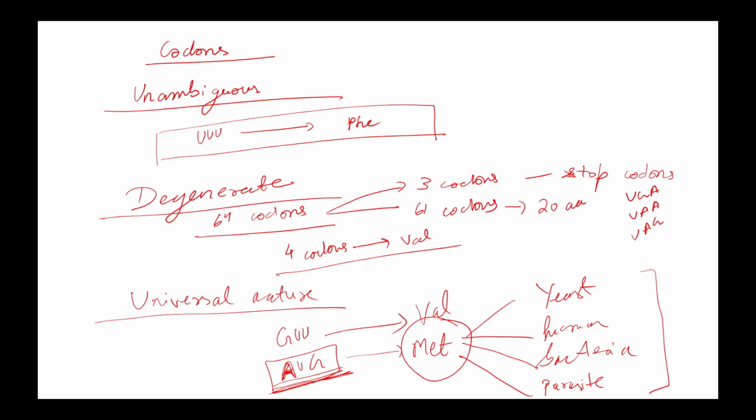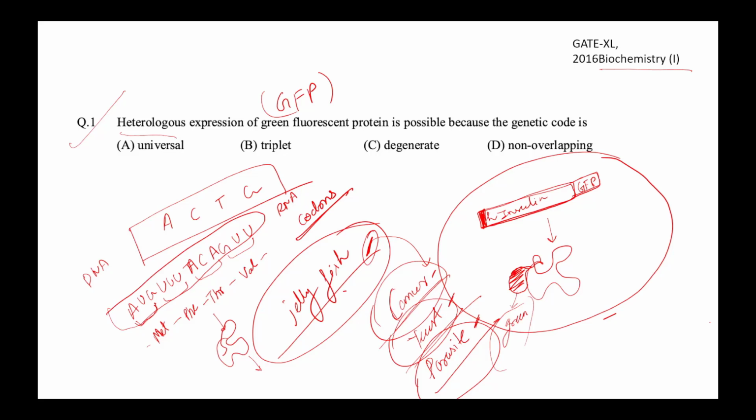So if you are allowing the heterologous expression of GFP, that means you are putting the GFP gene in a different organism, and there also you are able to get the protein synthesized, that is due to the universal nature of the codon.